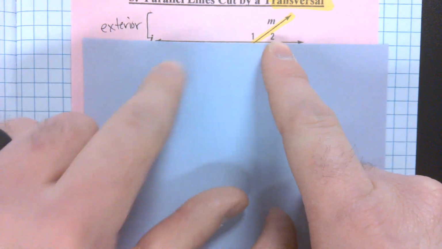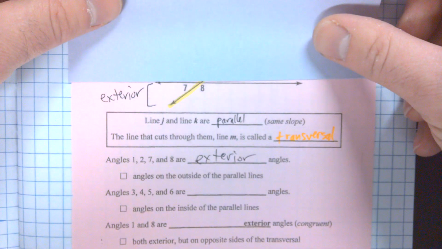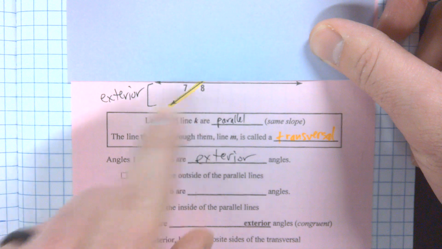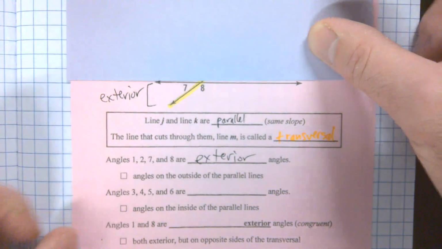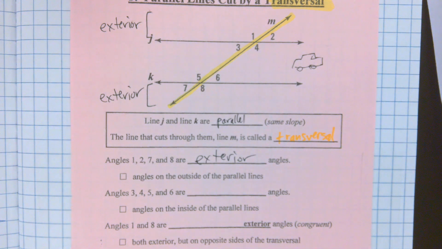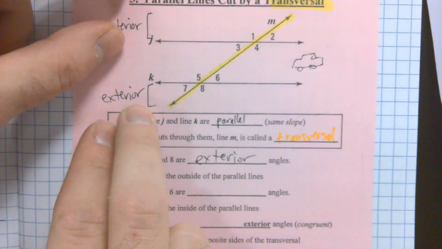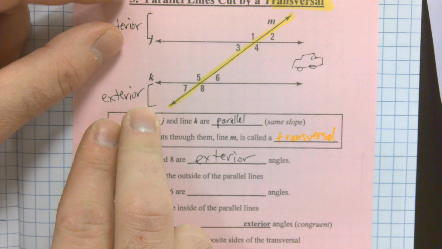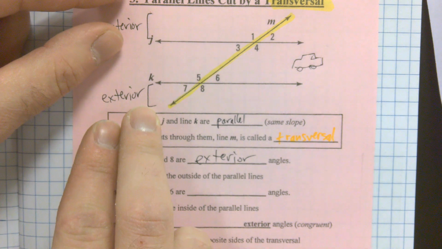How angles 1 and 2 are on the exterior? And on the bottom of my lane, angles 7 and 8 are on the exterior. They are outside of that driving lane. Give me a thumbs up if you see that right off the bat. We have 4 angles in the exterior here. Give me a thumbs up if that makes sense.